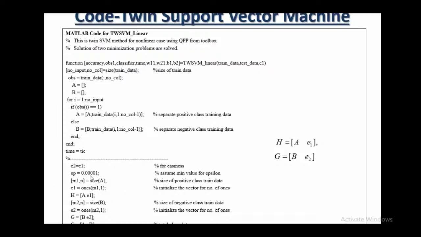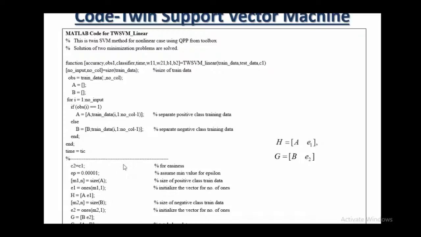Here in m1 you get the total number of positive class samples, and in n you get the number of attributes, so n you are storing. We also define an m1-size vector even, which is a column vector of ones, m1 times. Same for h, which we define now: h is nothing but augmented A comma A augmented with even.